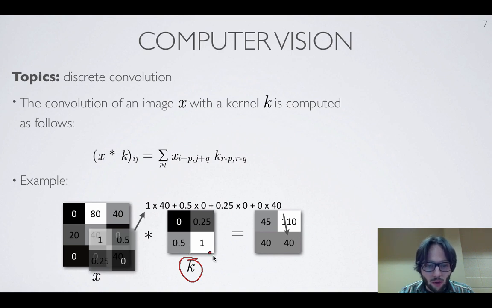And notice that here I'm using some sort of gray color coding to illustrate the intensity of the resulting image. So we can think of it as visualizing it as an actual image.